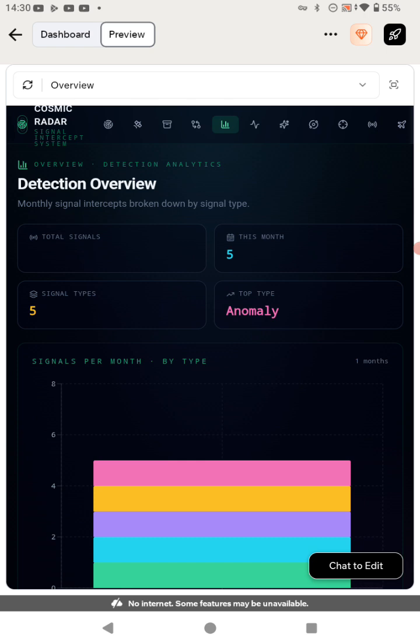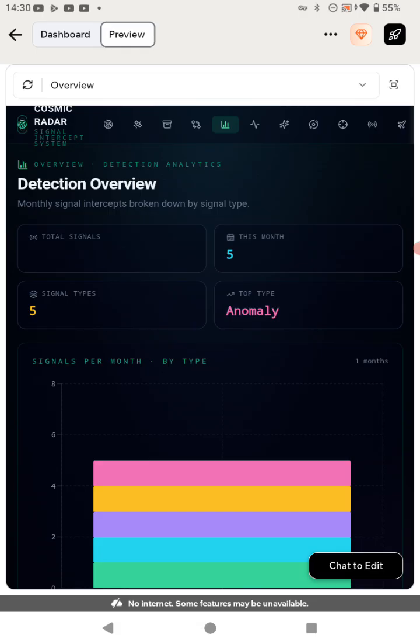Okay, now we go to the detection overview. Again, like I said, I can't see. I think it says something like something signal, but I'm not 100% sure, which is 5. And again, this is 5.